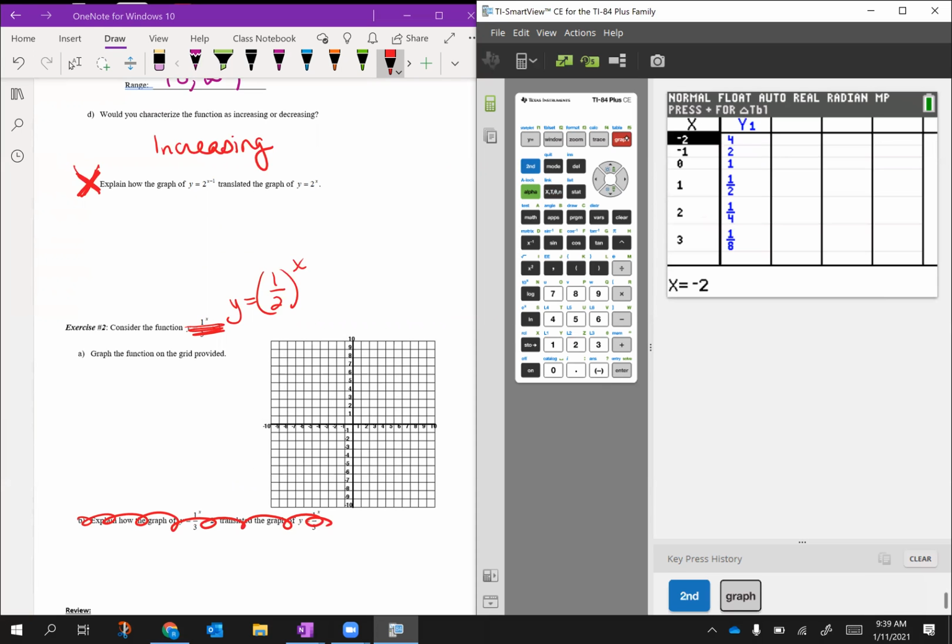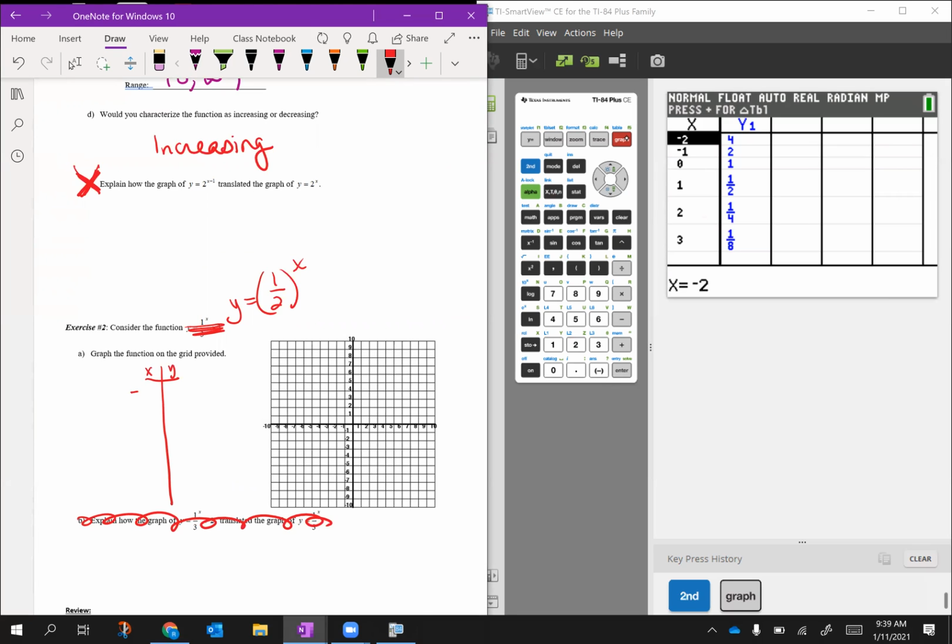Second table. So we'll go from -2 to 2. At -2 we have 4. At -1, we have 2. At 0, we have 1. At 1, we have 1/2. And at 2, we have 1/4.